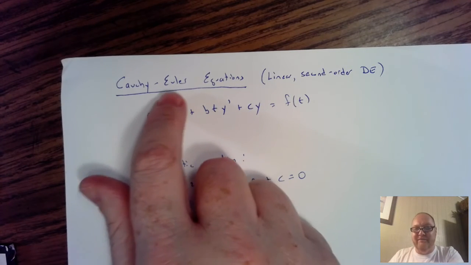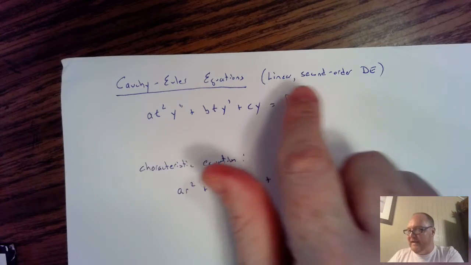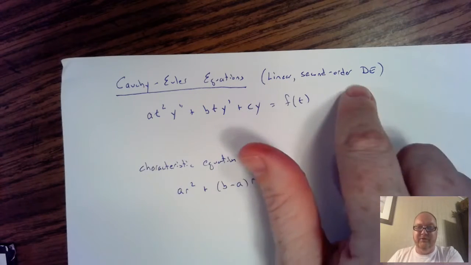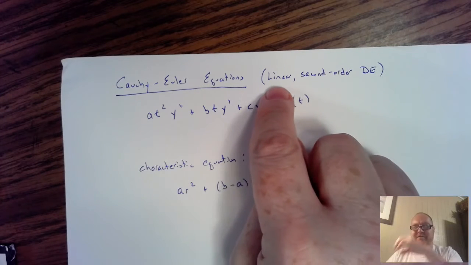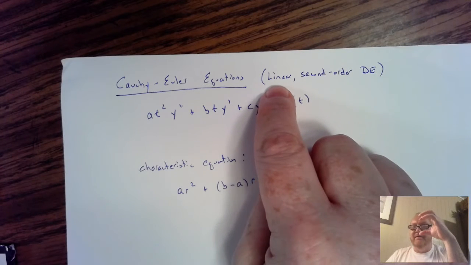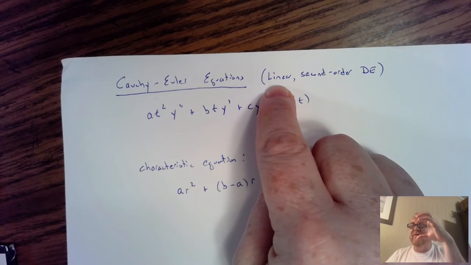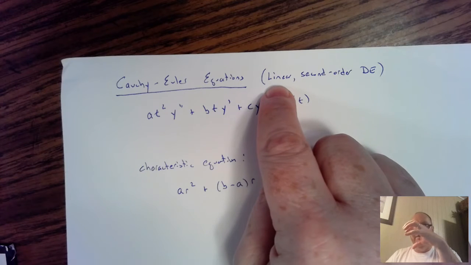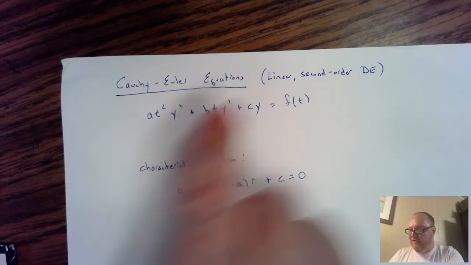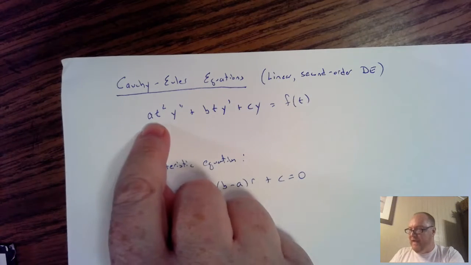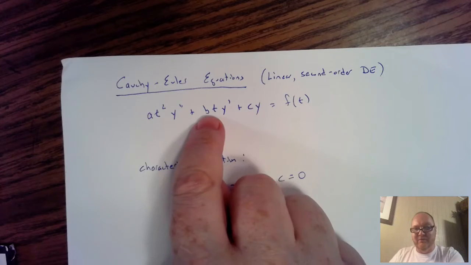This particular family of equations are linear second-order differential equations. Keep in mind what makes something linear is that with the independent variable and its derivatives, nothing funny is going on. I mention that because all of a sudden I've got some t's and some t squares in there.